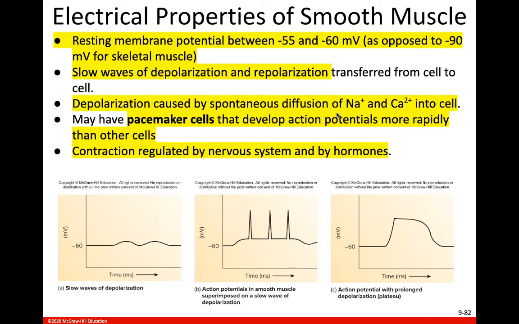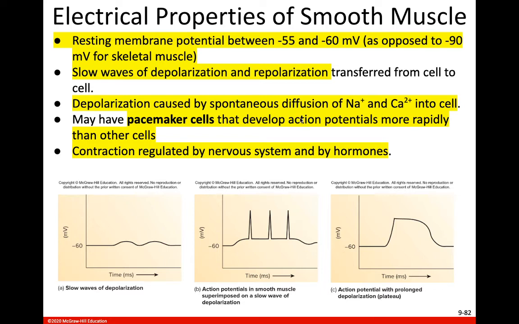So again, not only do we have the neurotransmitter binding to sodium ion channels, allowing sodium in, but then that also opens up calcium ion channels that allows calcium in. Remember, we need that calcium inside the cell so that it can bind to calmodulin. It can activate calmodulin, which will activate myosin kinase, which will then activate the myosin head of the thick filaments. So you have the diffusion of both sodium and calcium into the cell when depolarization occurs.